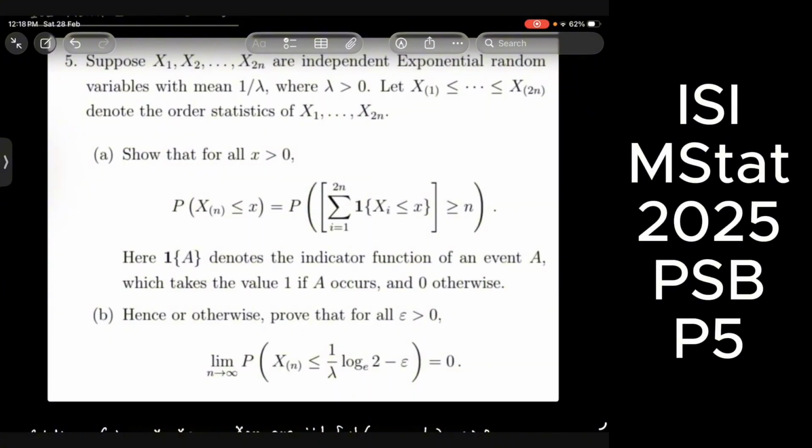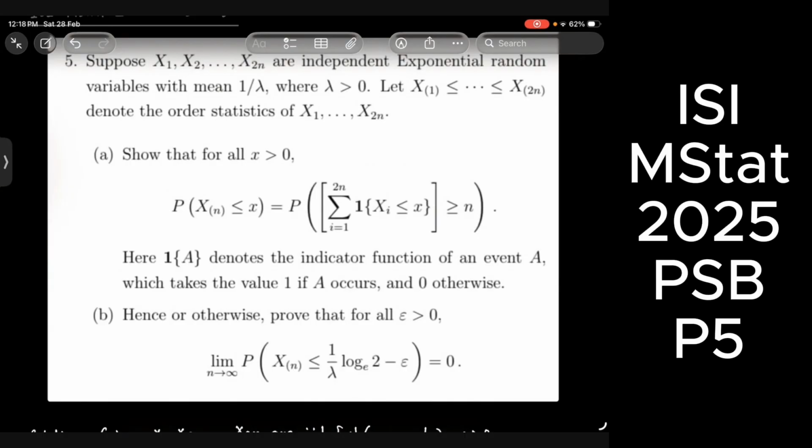No, not the summation, it will be multiplication because they are independent. I am not asking the probability.